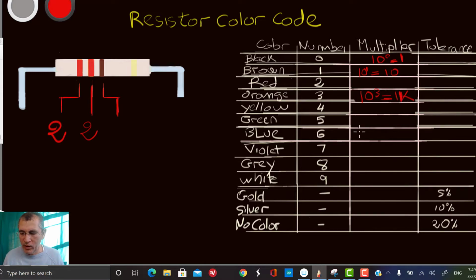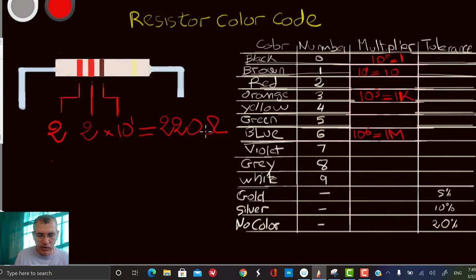And blue is 10 to the power 6, and that's how it continues, like 1 mega ohm. The same thing here: we multiply the 22 by 10 to the power 1. That will give us a 220 ohm resistor.